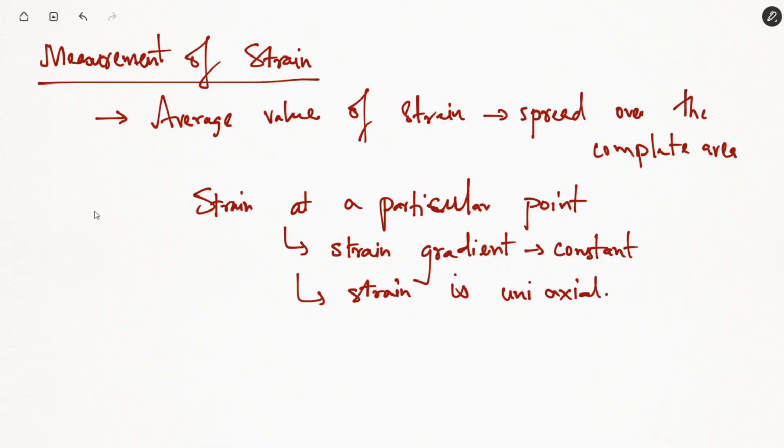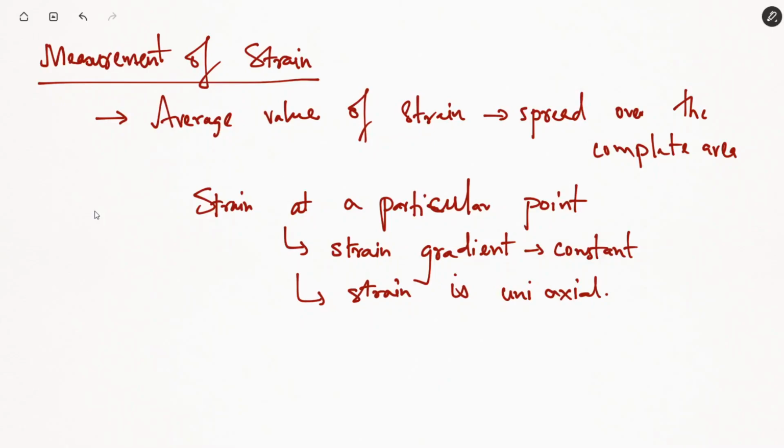So in such cases, normally the smallest practical strain gauge that we can think of will be much more useful as compared to a strain gauge with a larger gauge length.